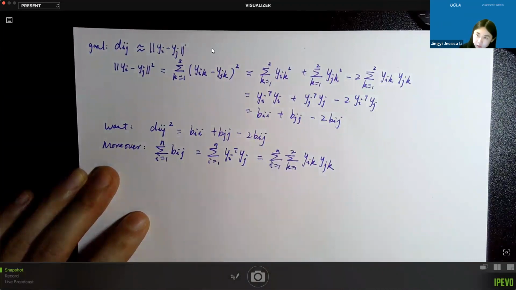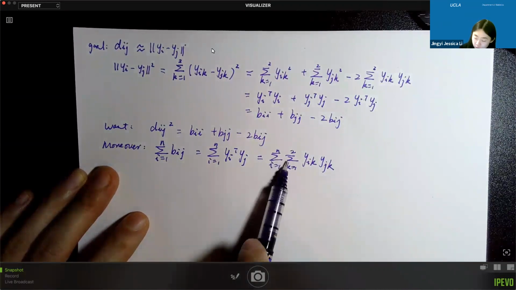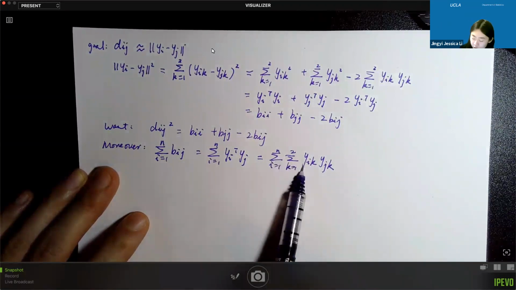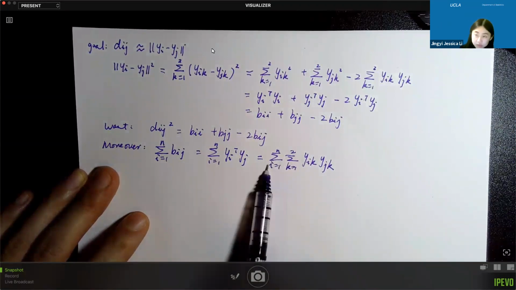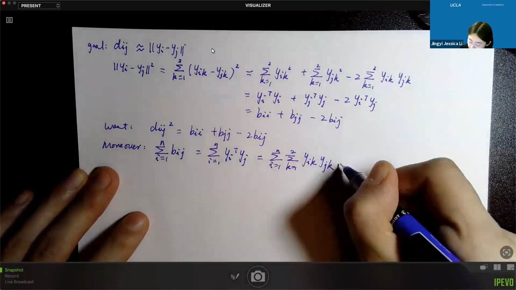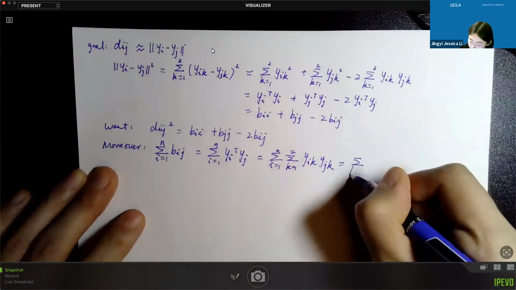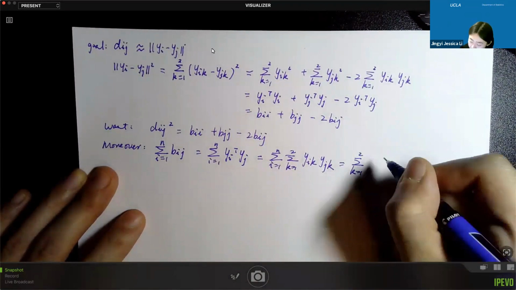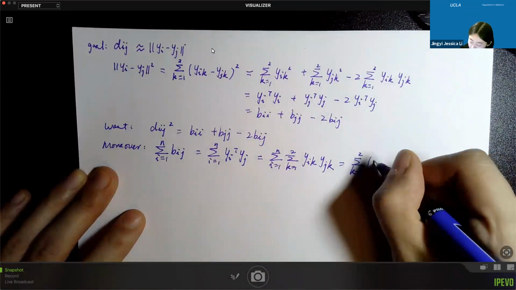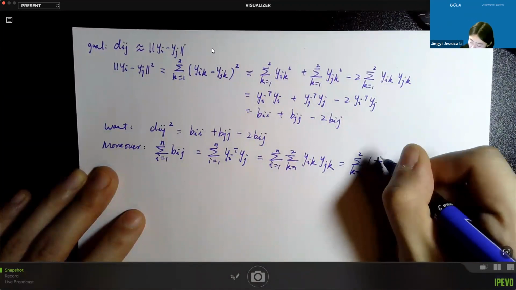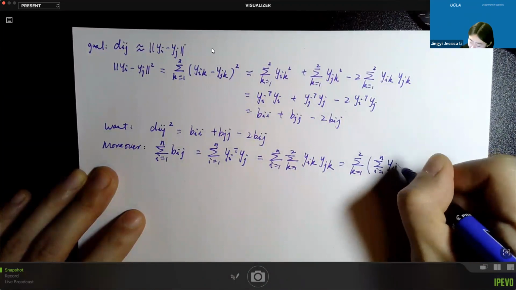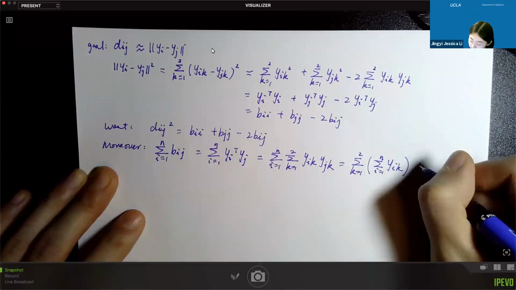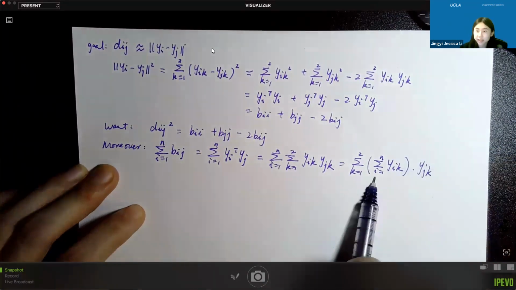A typical and useful trick is to swap those two. I first do the summation over i, and then I do the summation for k. So k goes from 1 to 2, and I can put the summation of i, Y_ik, times Y_jk.